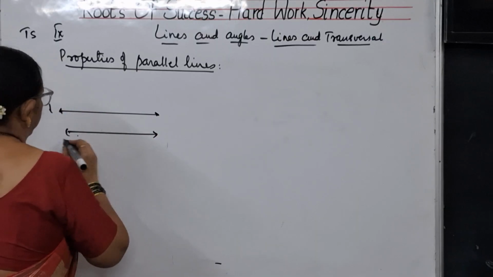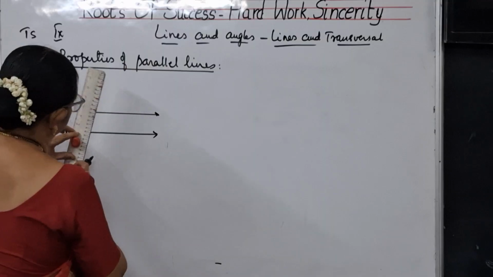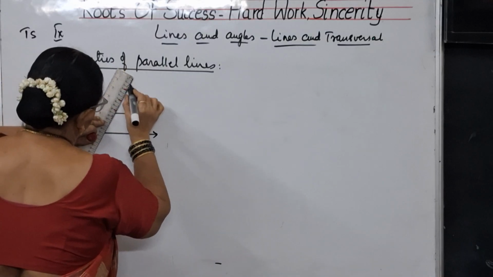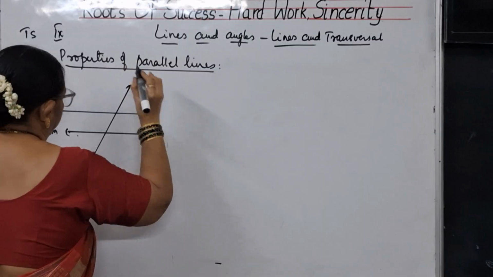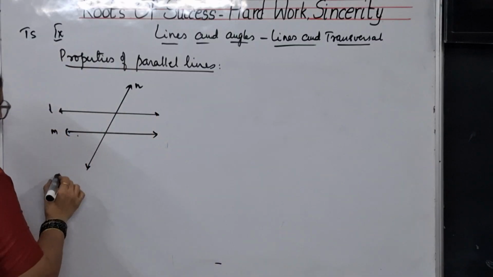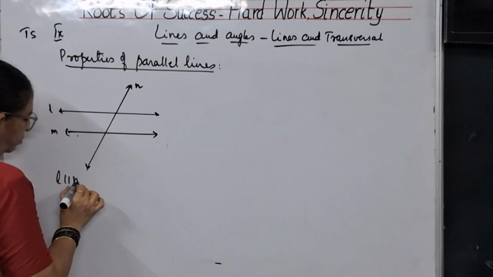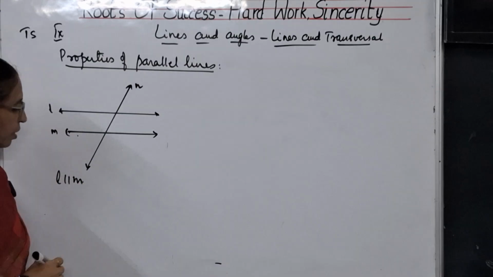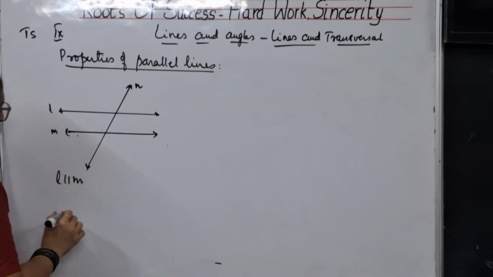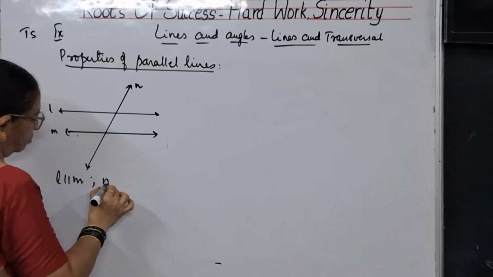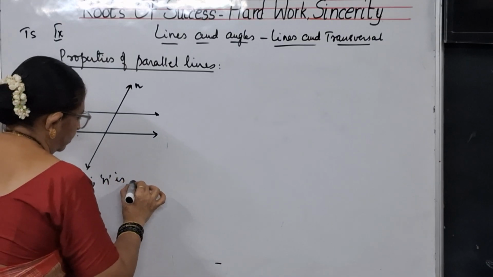So L and M are parallel lines, and N is the transversal. So L is parallel to M. I know this is the parallel line symbol, you already know it. L is parallel to M, N is transversal.